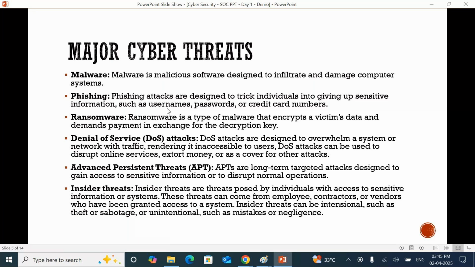Next, ransomware. Ransomware is a type of malware that encrypts the victim's data and demands payment in exchange for decryption. Actually, what will happen? Some attacker will try to access the systems, and if any passwords or sensitive information are there, the attacker will try to encrypt the data with their own algorithms.